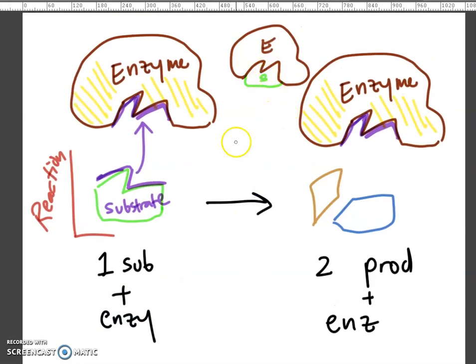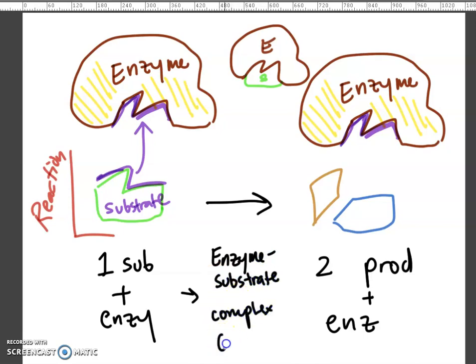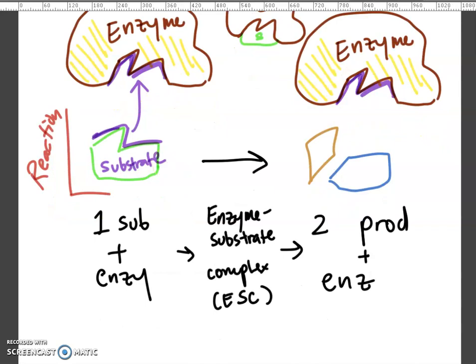In the beginning, you have your one substrate, in this case, plus your enzyme. In the middle, we have something called an enzyme substrate complex. It's just a big fancy word, abbreviated ESC, that just says it's your enzyme plus your substrate merged into one. Okay, so you notice at the end you have an enzyme. At the beginning you have the exact same enzyme.